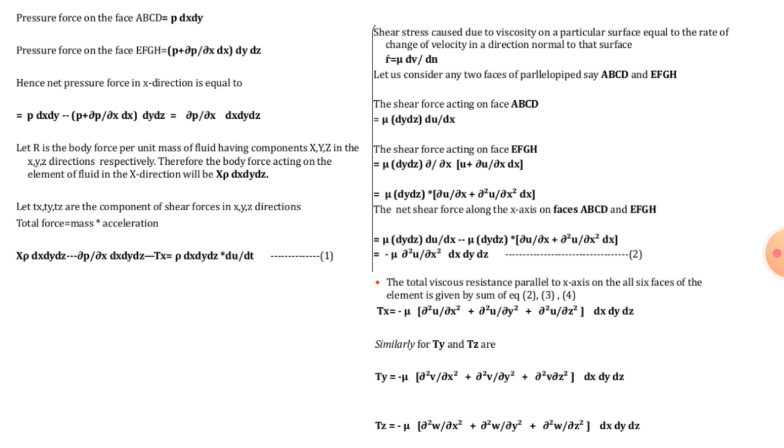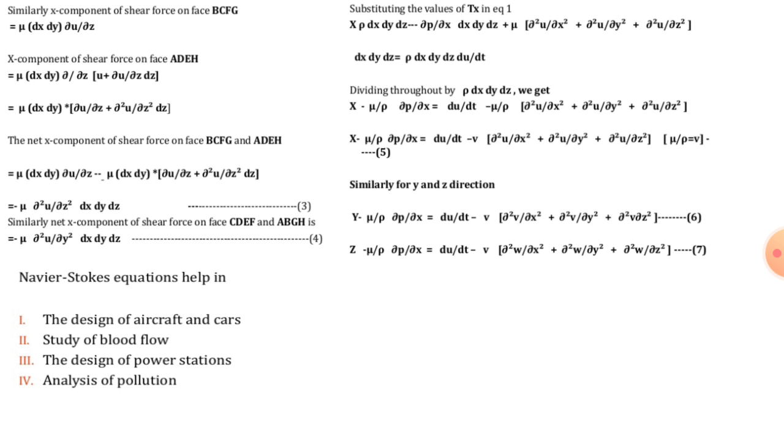Similarly, Ty is equal to −μ (∂²v/∂x² + ∂²v/∂y² + ∂²v/∂z²) dx dy dz. Similarly, Tz is equal to −μ (∂²w/∂x² + ∂²w/∂y² + ∂²w/∂z²) dx dy dz.